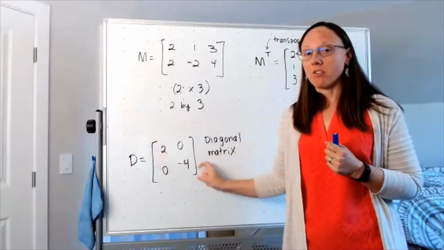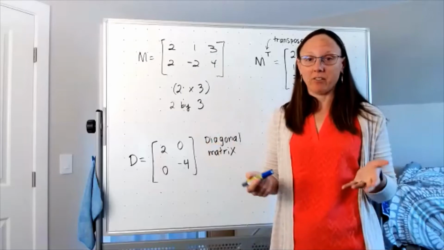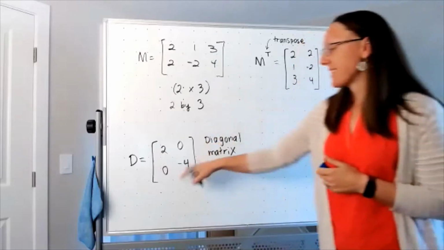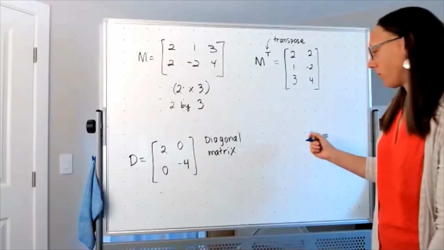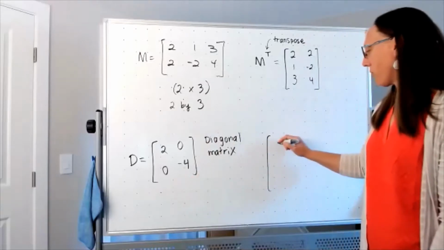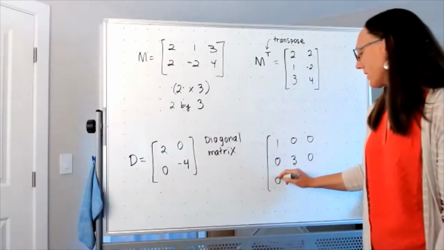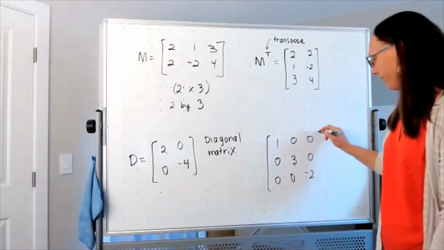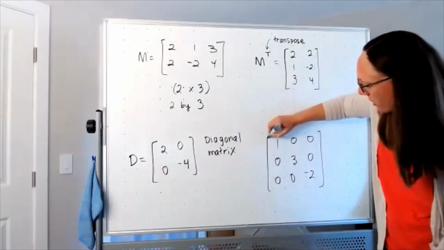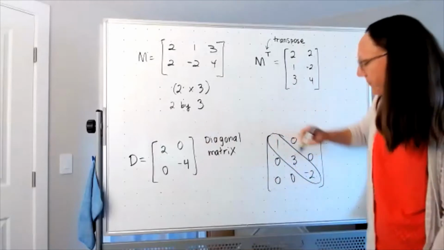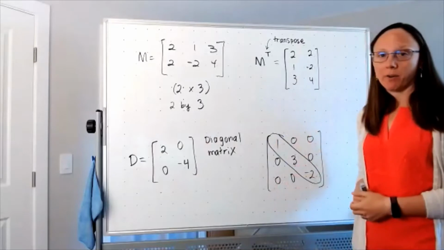And if we have numbers on the primary diagonal and zeros everywhere else, then we would call it diagonal. This is a 2 by 2 matrix, but if I were to scale that up to be a 3 by 3 matrix, I might have something that looked like 1, 0, 0, 0, 3, 0, 0, 0, -2. This is also a diagonal matrix because along this diagonal, I can have numbers as long as I have zeros everywhere else.